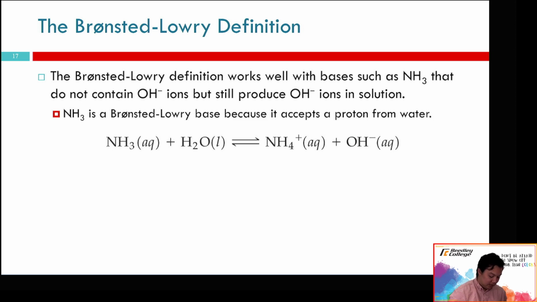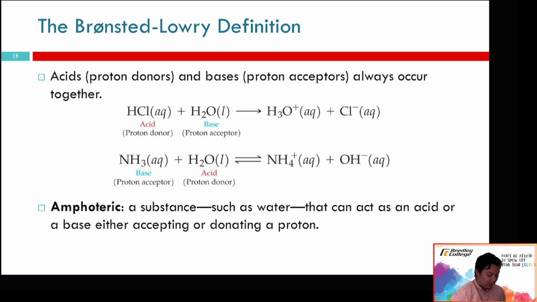This is because our NH3 accepts one of these protons to become NH4 plus, and that produces a hydroxide in the solution. So just to go through these again, this is our BL base. And now you'll see that water, and we'll get to this, is a Bronsted-Lowry acid here because it's donating a proton. So water can be both.